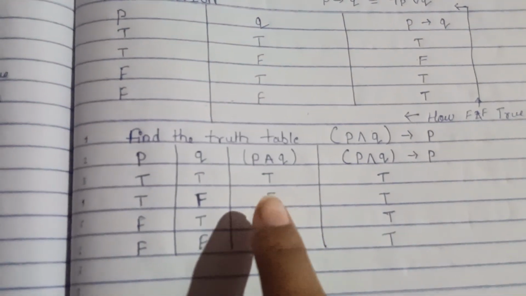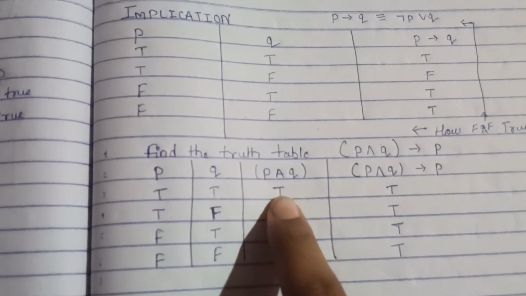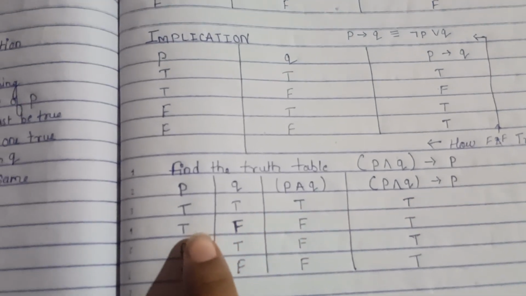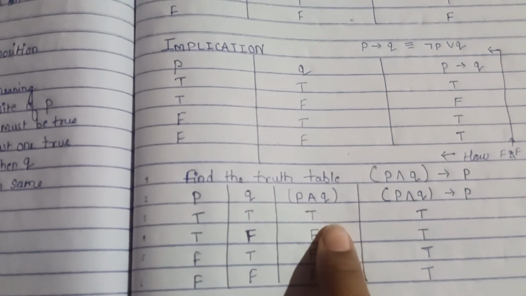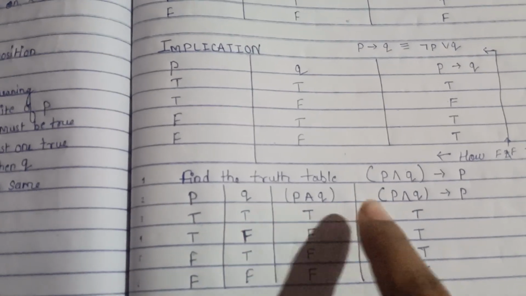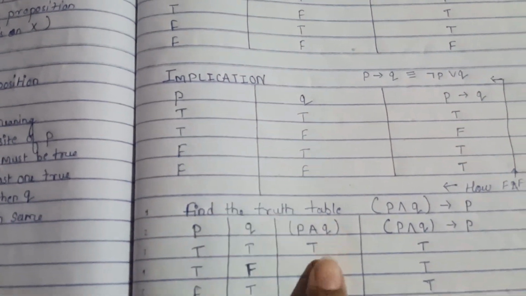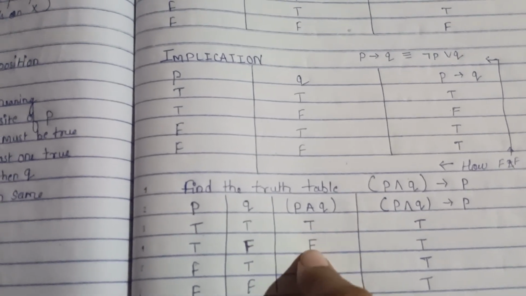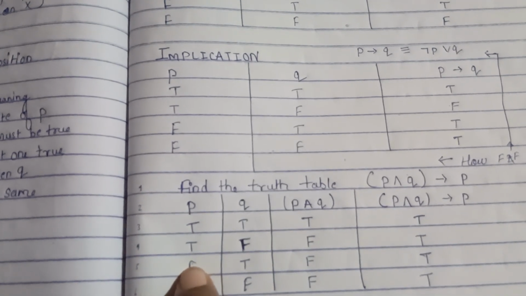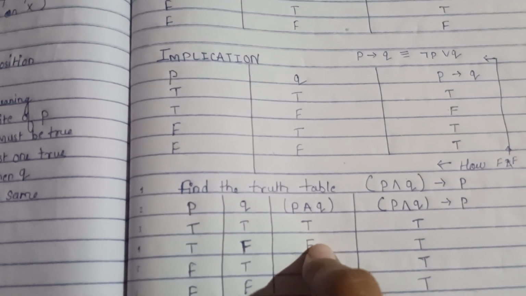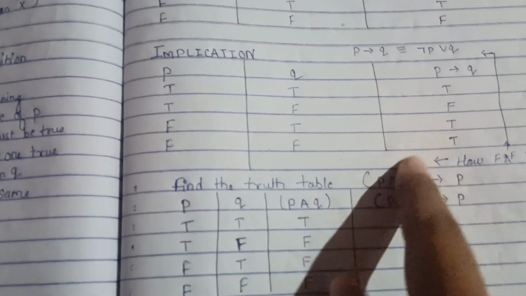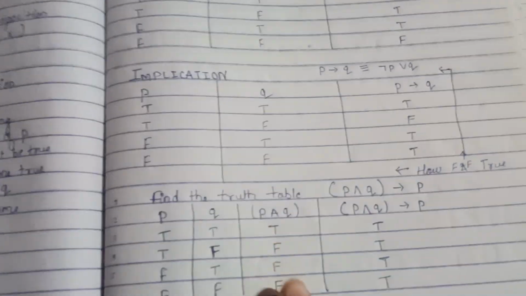So P has true and Q has true, so it becomes true. Then true, false becomes false. Oh, sorry, true, false becomes true. False, this is P, and this is Q. False, true becomes true. That's how truth tables help.